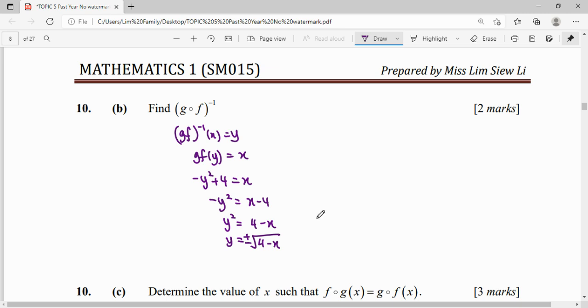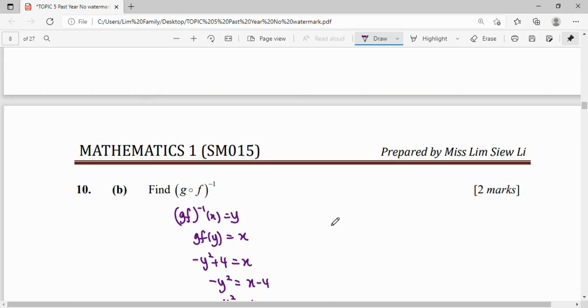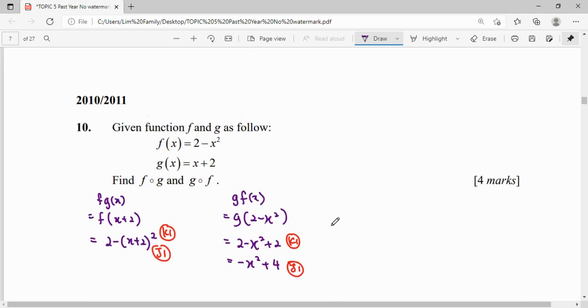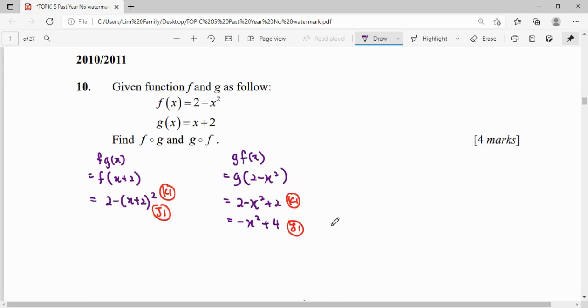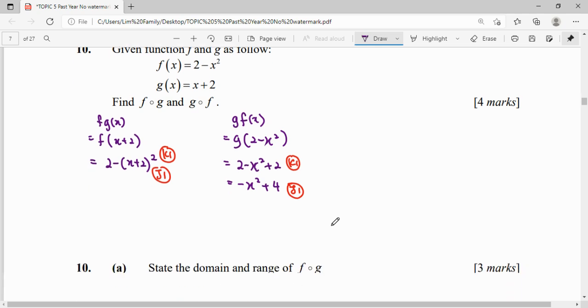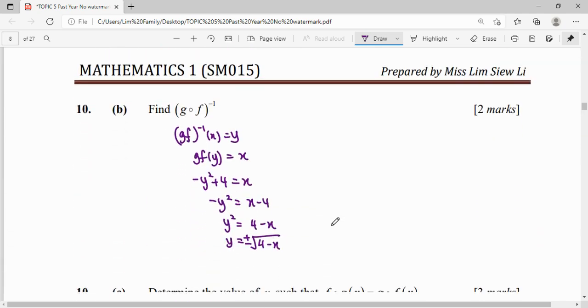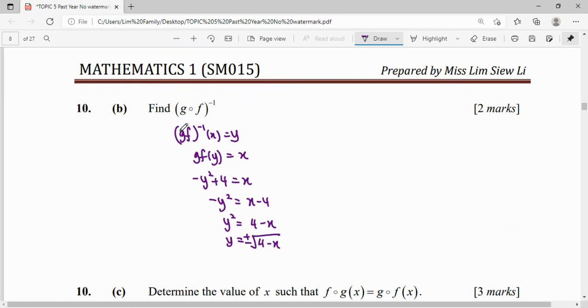So for our inverse function, in order to get our gf function inverse, it has two answers here. Now it cannot be an inverse, so I will pick where x is greater than or equal to 0, so that this gf function can be inverted.